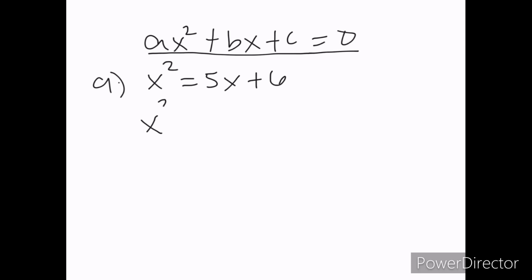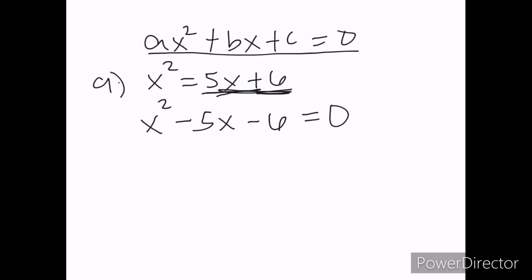First, copy the quadratic term. Then this term, we are going to transpose to the other side. Since it is positive 5x, when we transpose it to the other side, it becomes negative 5x. Then how about the positive 6, the constant term? When we transpose it to the other side, it becomes negative 6 is equal to 0.